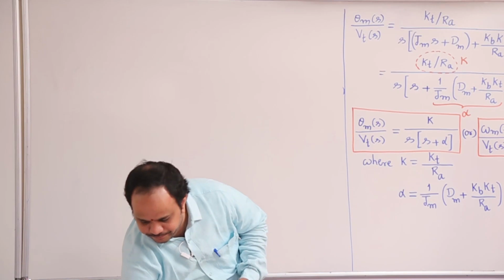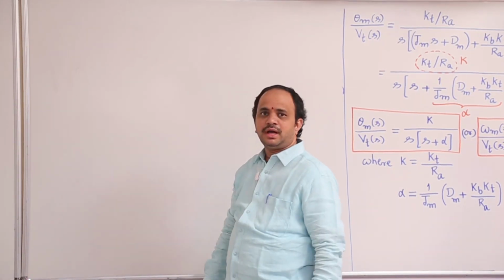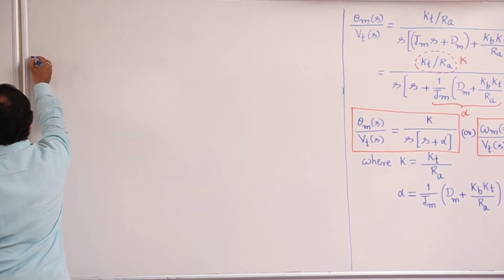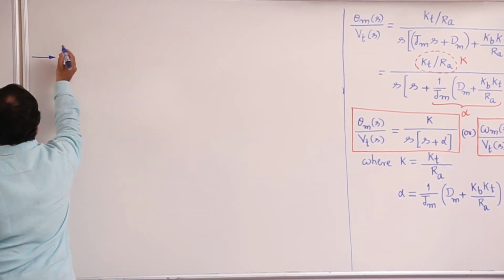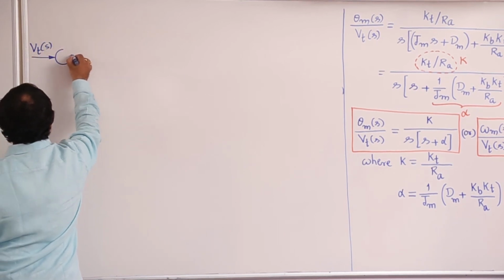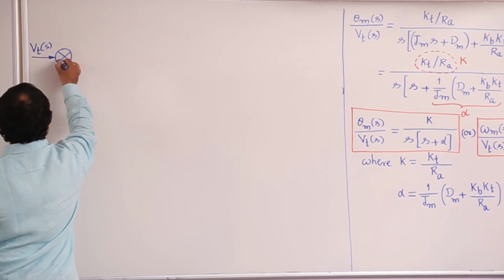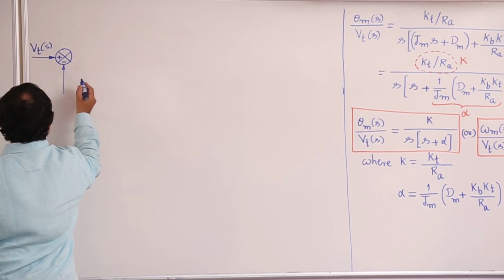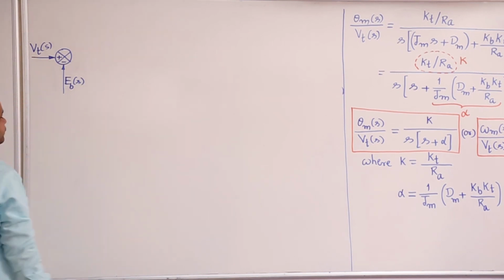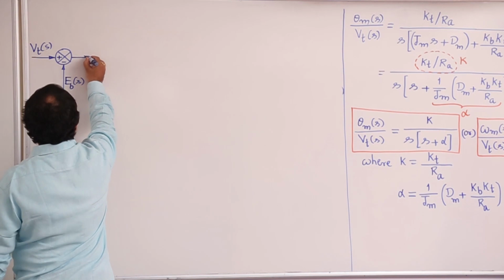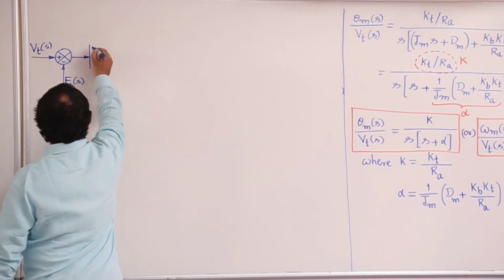First let us draw the armature current equation as a block diagram. Input is terminal voltage, Vt minus Eb.